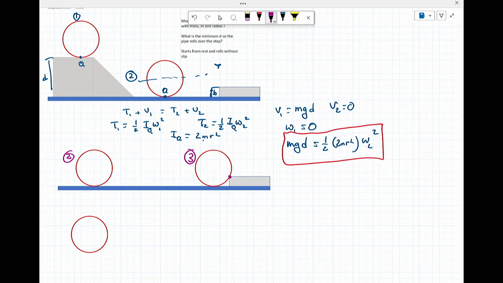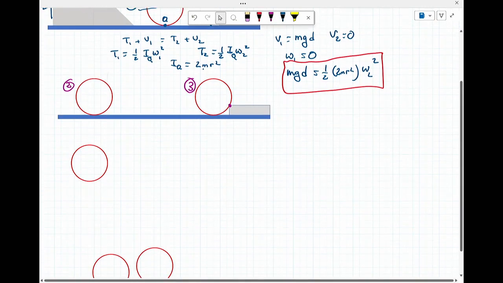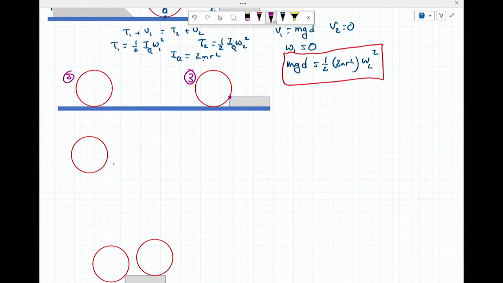And so between 2 and 3, it doesn't do anything. But over here, it hits this surface or this corner, and it goes up a distance. There's an impact between the disk and point B, or height B.